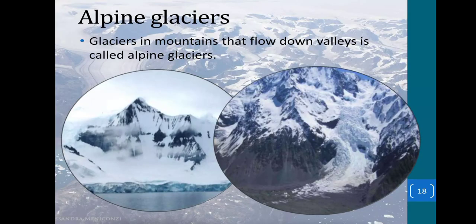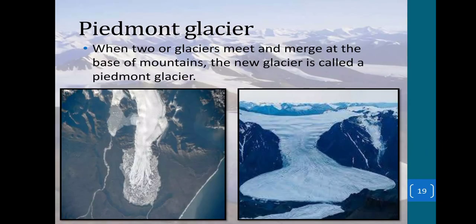Let us first define what alpine glaciers are. Glaciers in mountains that flow down valleys are called alpine glaciers. Here we have the picture of two samples of alpine glaciers, and also the different parts of alpine glaciers.